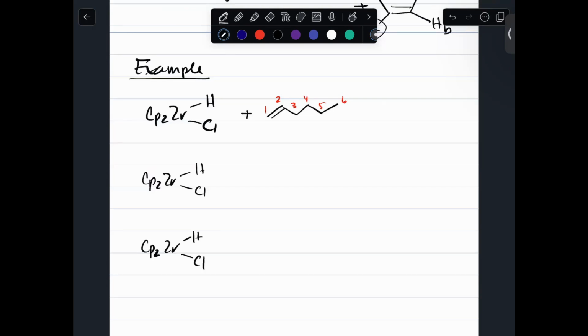Now I'm going to use a 6-carbon chain, but I'll move the alkene around the chain. In this case, my double bond is between 2 and 3, as opposed to 1 and 2. And then finally, I'll have it between 3 and 4.